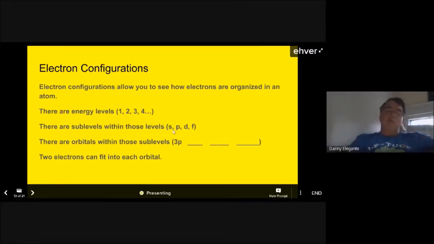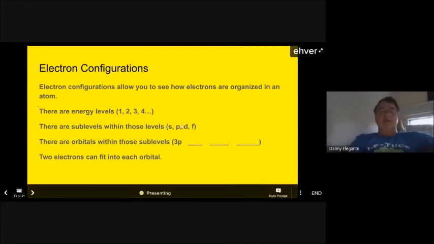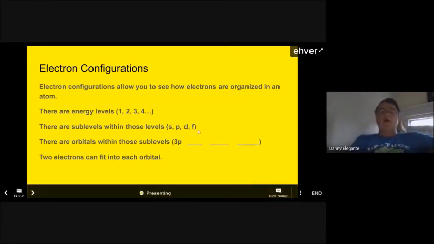And that's where we put the electrons, in those sublevels. So one energy level can have multiple sublevels. For example, the first energy level only has S, but the fourth energy level has all 4 sublevels. Now those sublevels hold different amounts of electrons. So we'll do that here in a second.